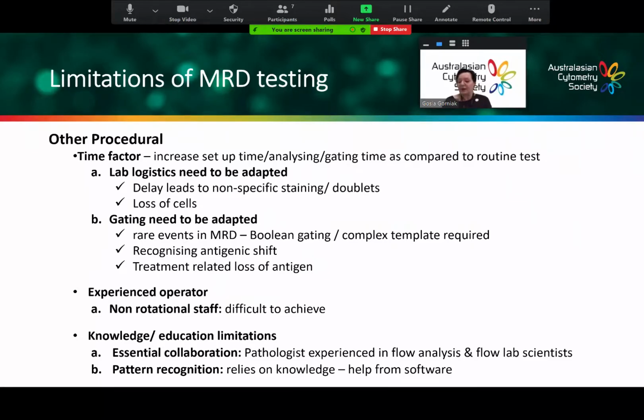So the lab needs to adjust to it, and especially the delays have to be avoided for obvious reasons, like prolonged sitting on the bench. You will lose your target cells, or if you leave the lyse for too long, again that will impact your sample, and so on. So the lab needs to have a logistic for how you start your MRD testing and when, to avoid lost cells.